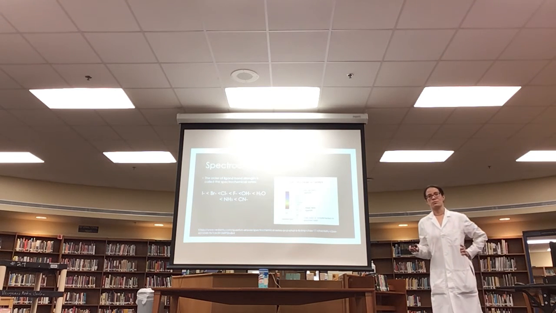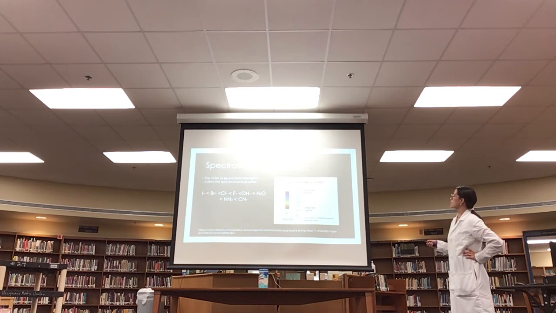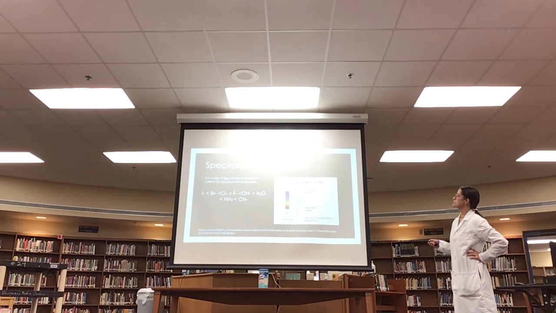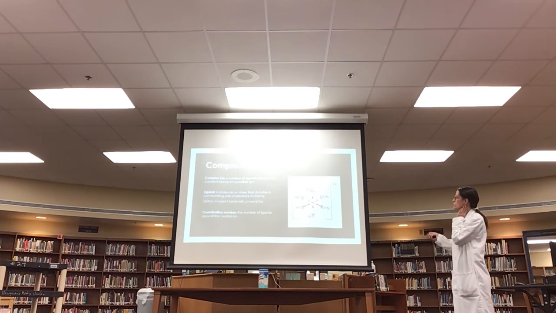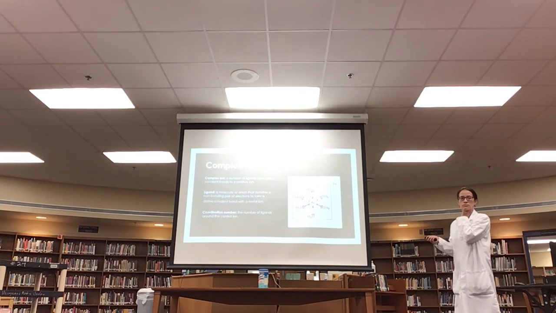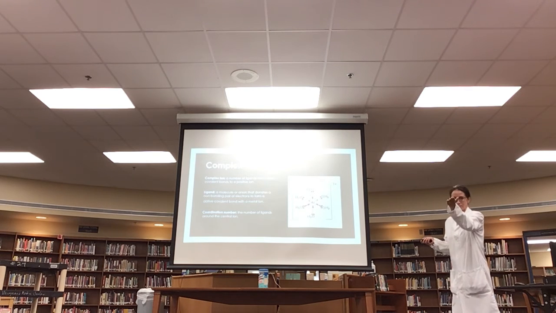If we have a compound that has water as a ligand, it's very probable that the color is going to be in this region. Blue? The color of the solution? Or the solid compound is this color. So it's very probable that it's going to be blue. Is that where we get hydrates and stuff like that, like copper hydrates?